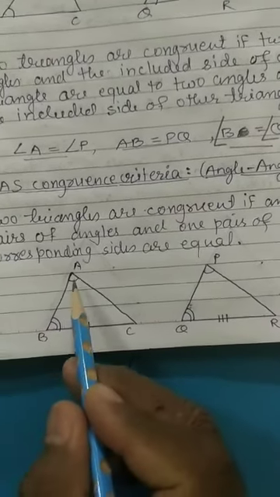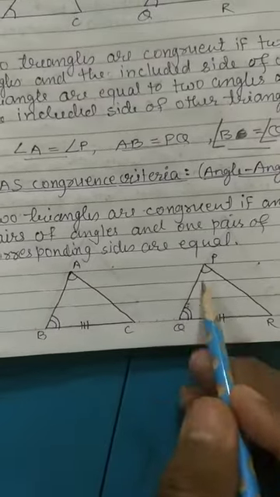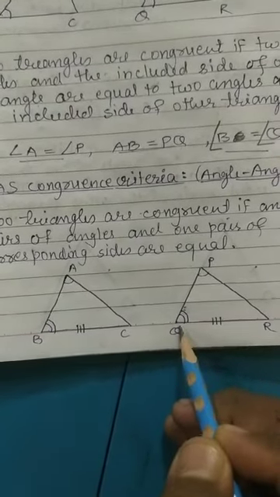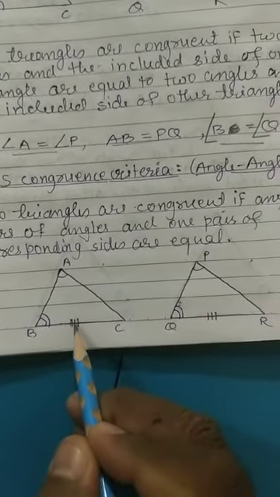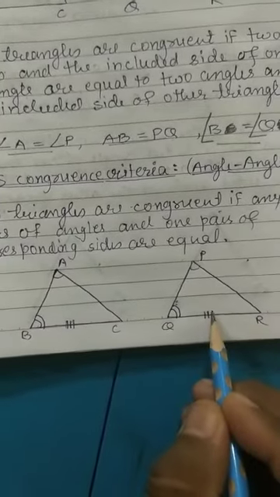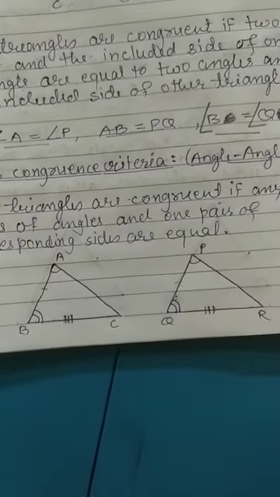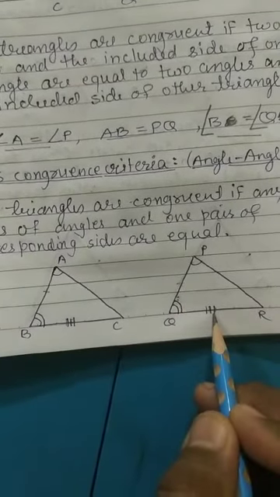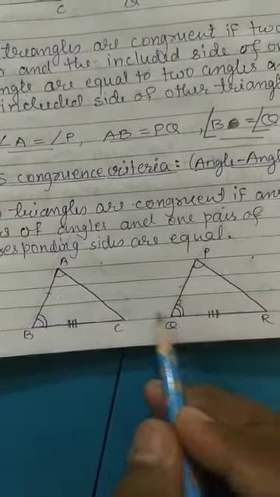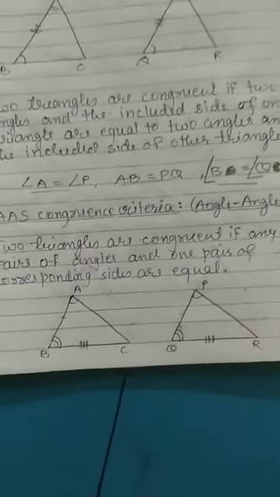You can check these two angles are equal and the side which is not included, both of them are equal, right? So you can say this is also a congruence criteria.